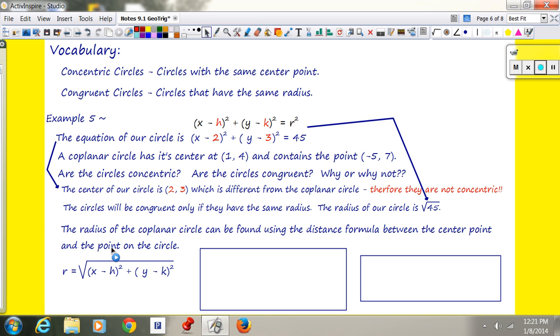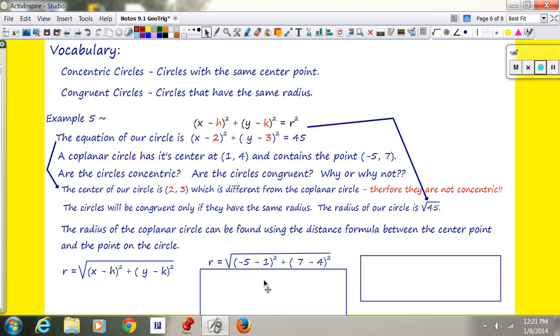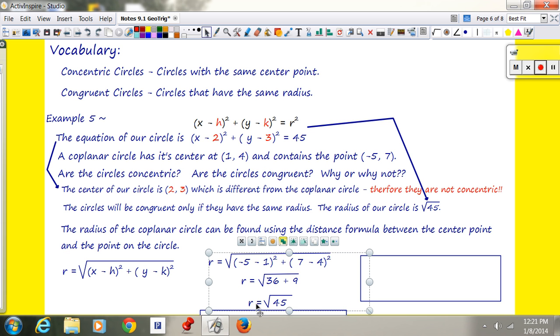So here's our radius formula. It's going to be between the center point h and k and the point on the edge x and y. So plug those in. Plug in the negative 5 minus 1 and the 7 minus 4. And then solve them. You're going to get 36 and you're going to get 9, and you're going to get radical 45. And radical 45 is the same as our radius.